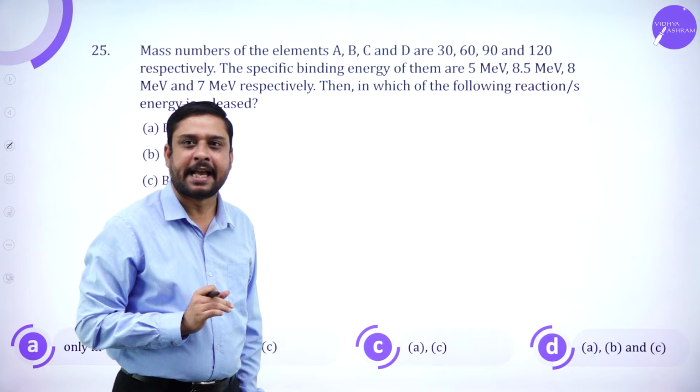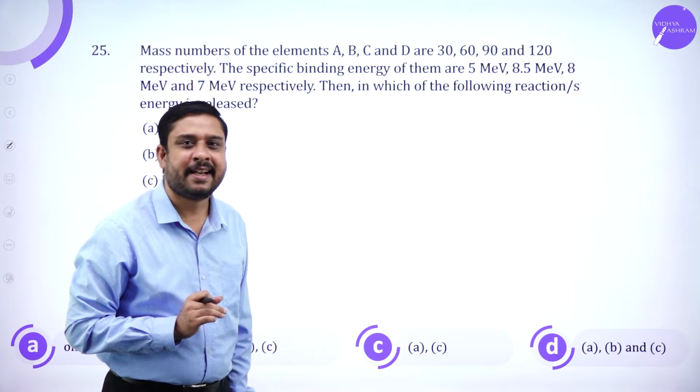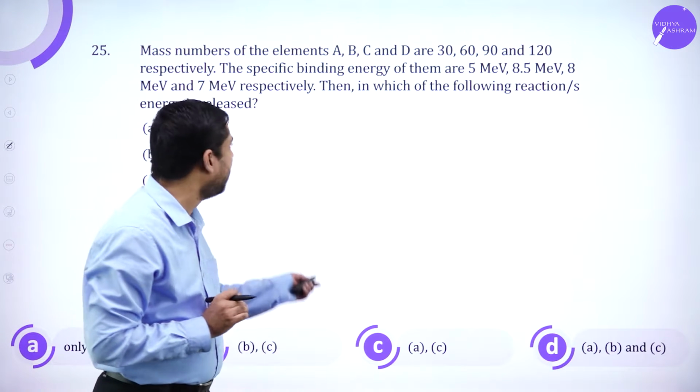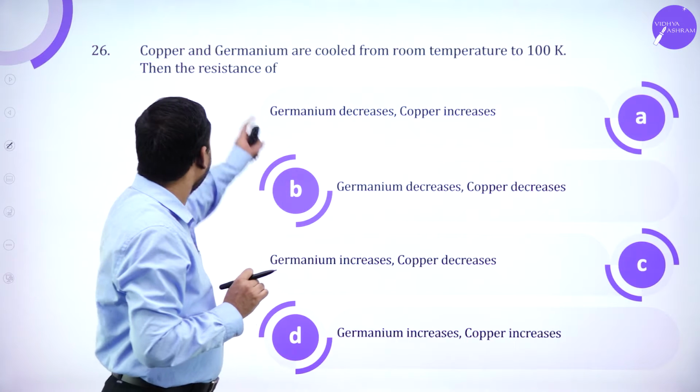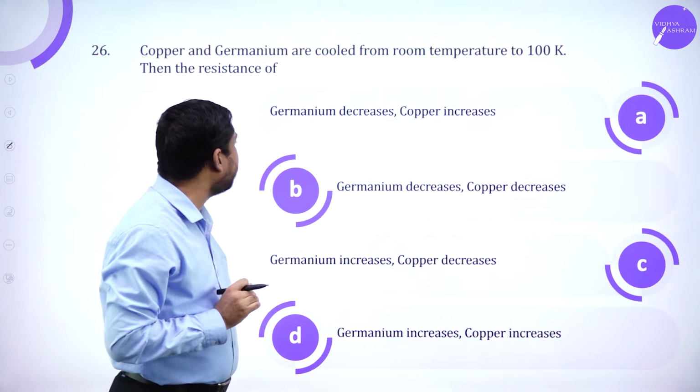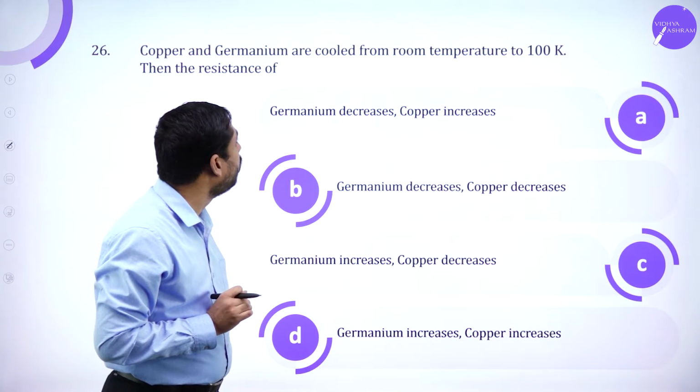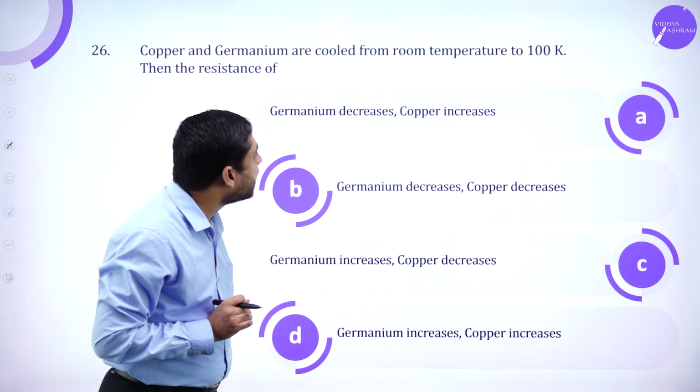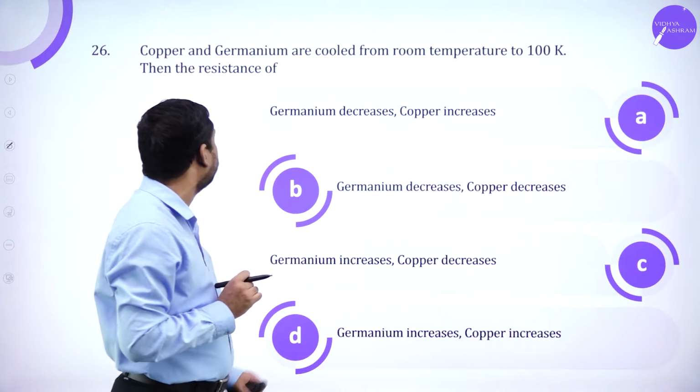This is an assignment, slightly trickier. Let me see how many of you succeed in doing this. Copper and germanium are cooled from room temperature to 100 Kelvin.